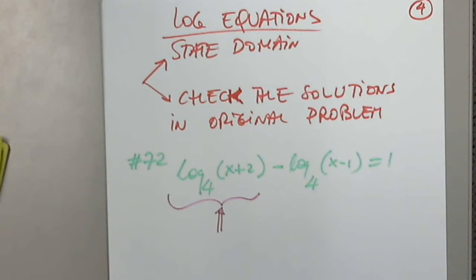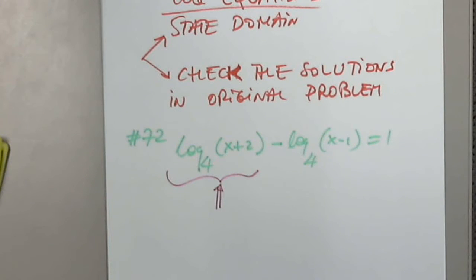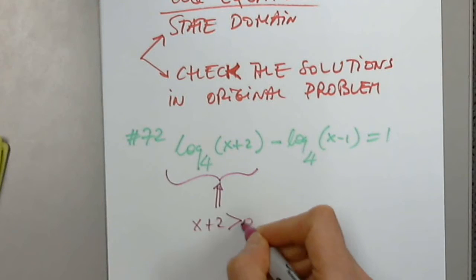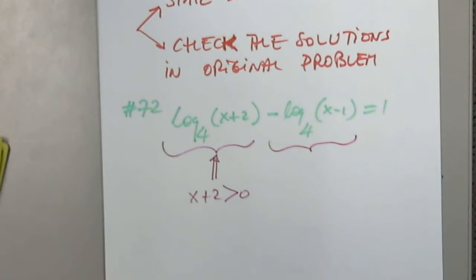I just want the domain. Go ahead, just give it a shot. x plus 2 must be what type of number so I can apply log to it? What type of numbers can I apply log to? Positive. Exactly. What will I have to write for this to exist? x minus 1. Very good. Awesome.